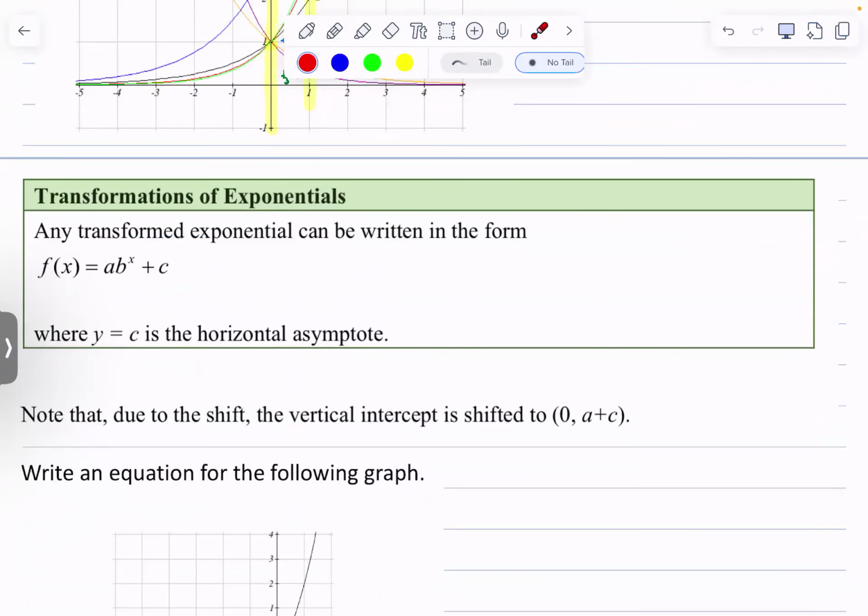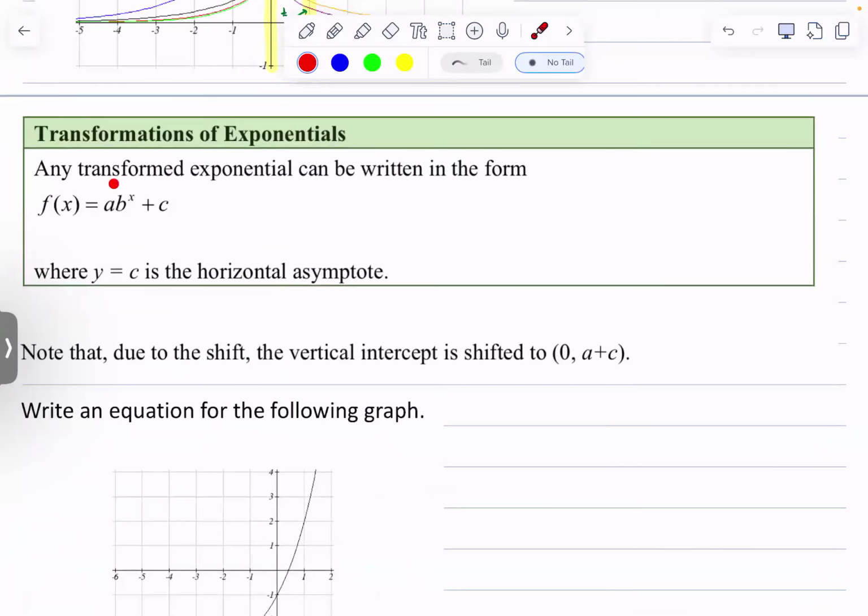We can transform exponential functions. We're not going to do as much as we did before, where we were stretching and compressing and all that fun stuff, but we are going to flip it and move it around. So any transformed exponential, you can rewrite it as a b to the x plus c, where y equals c is the horizontal asymptote.